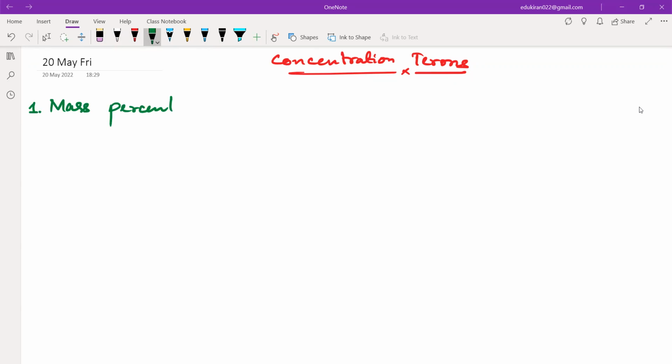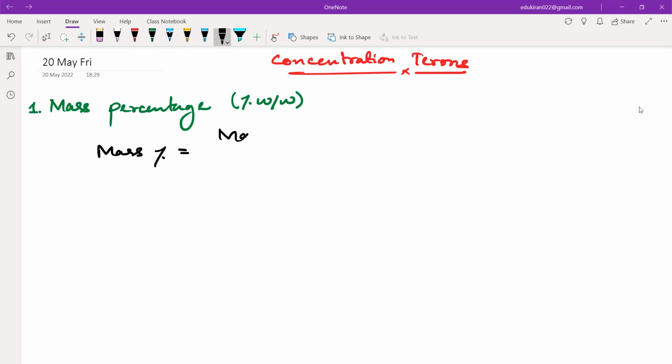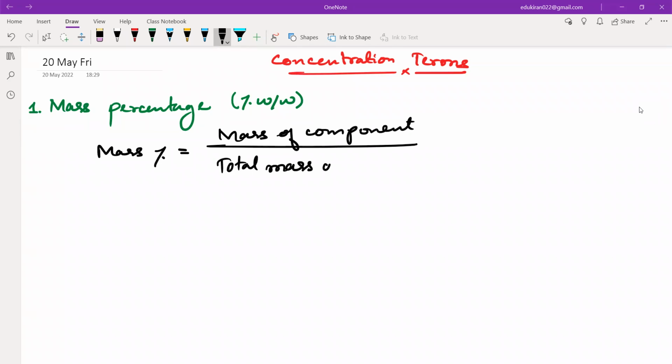Mass percentage is written as percentage W by W. So mass percentage is equal to mass of component divided by total mass of solution into 100. That is going to give you mass percentage.